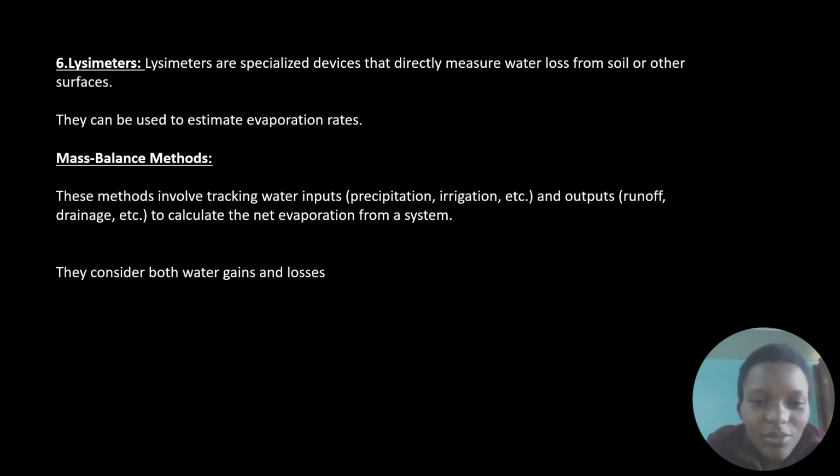This method involves tracking water input, precipitation, irrigation, etc., and output, runoff, drainage, etc., to calculate the net evaporation from the system. They consider both water gain and loss.